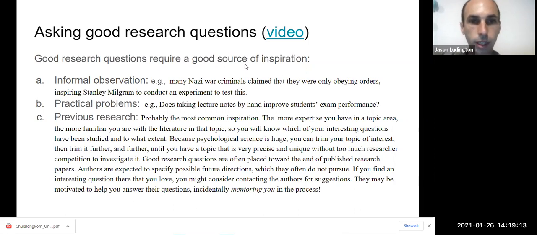The most common kind of inspiration, or where you get the idea from, is previous research. What have other people done? They studied something, but they didn't study everything. So what did they leave out? What they left out could be your research project.